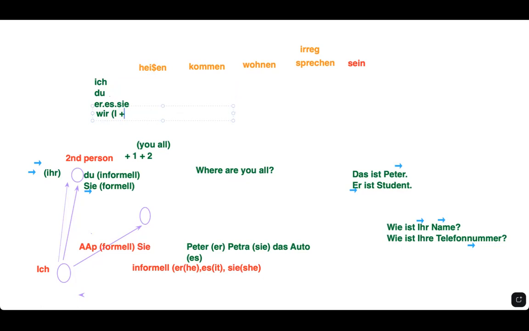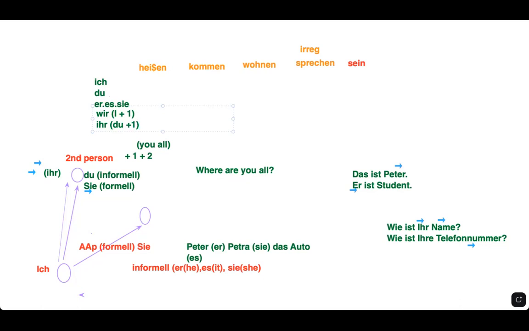I'm included, so "wir" means I plus 1. "Ihr", small i, what did we mention? It is "du" plus 1. If I'm speaking to you, plus 1, plus 2, plus 20, whatever.